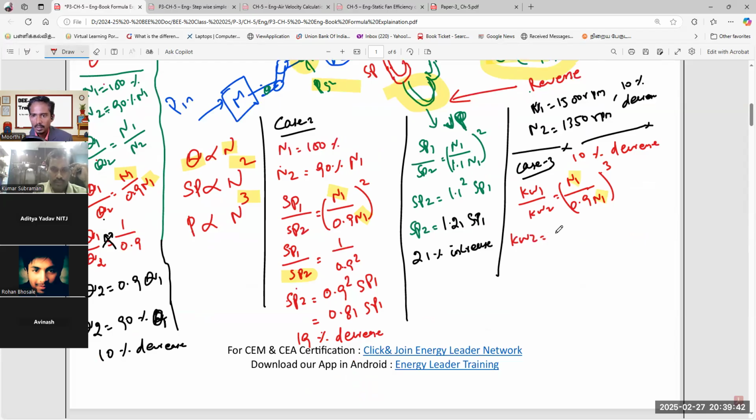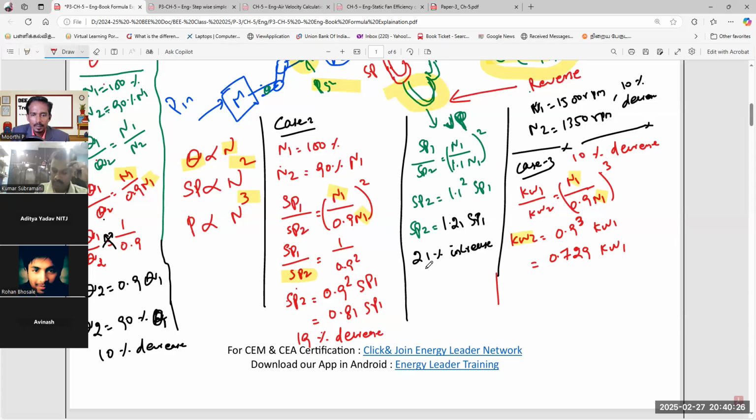Kilowatt 2 equal to 0.9 cube kilowatt 1. Tell me the value. How much? 0.9 cubed. 0.729, sir. 0.729. So 0.729 kilowatt 1. What is the meaning?